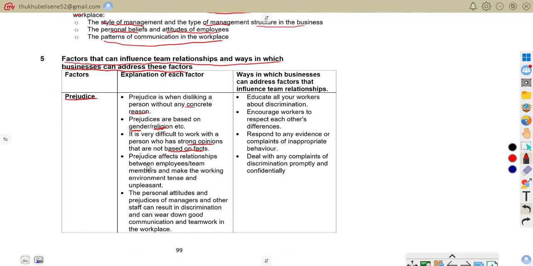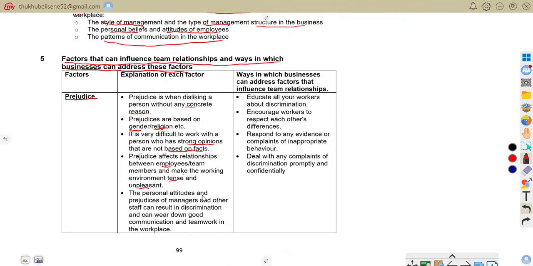Prejudice affects relationships between employees and team members, and makes the working environment tense and unpleasant. So prejudice affects relationships very negatively, because now you are going to judge people negatively, based on their religion, based on their gender, without facts.